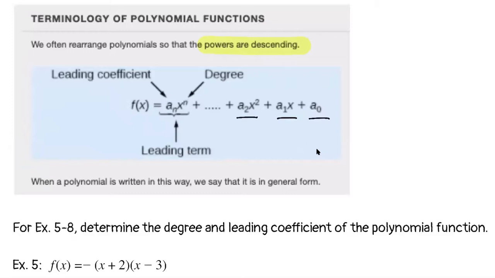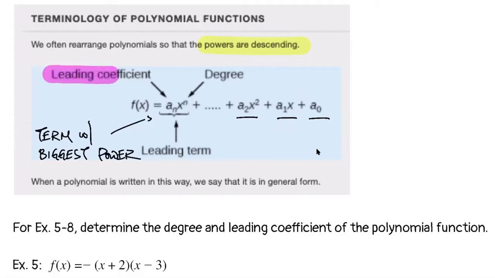Some vocabulary that's important: the term with the biggest power, the number in the front, that's your leading coefficient.